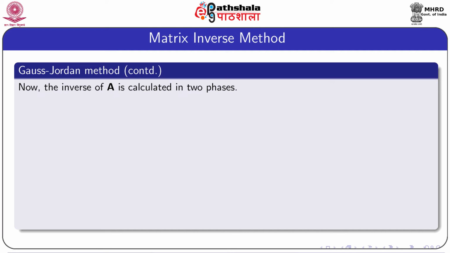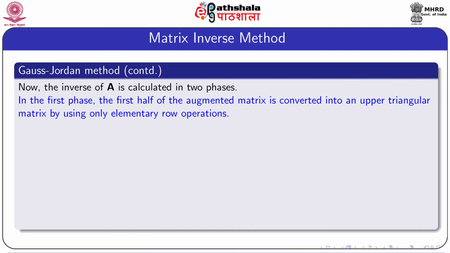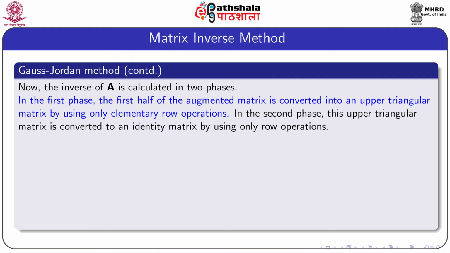Now, the inverse of A is calculated in two phases. In the first phase, the first half of the augmented matrix is converted to an upper triangular form by using only elementary row operations, and then in the second phase the upper triangular matrix is converted to an identity matrix by using only row operations.